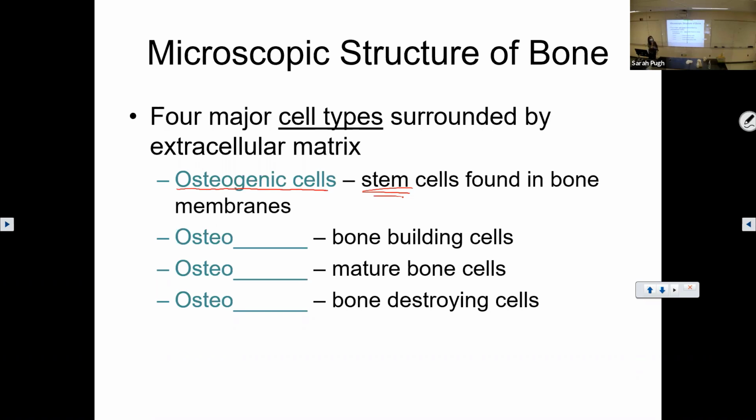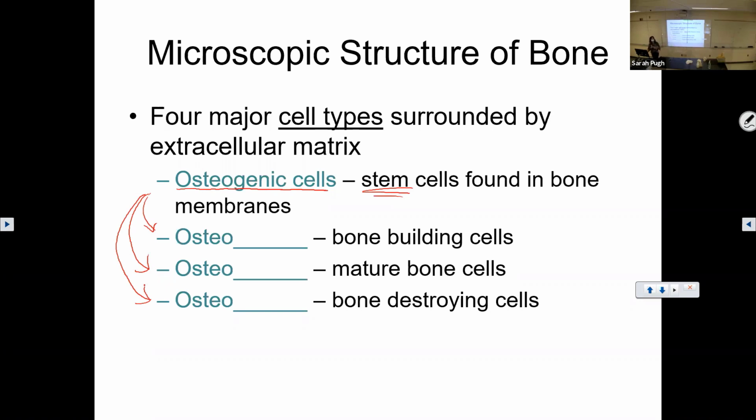So remember that term stem cell. These are cells that don't know what they're going to be when they grow up yet. An osteogenic stem cell can be any kind of bone cell, right? It has osteo in the name. So these can become any of the other 3 types of bone cells, okay? These cannot become neurons, they cannot become muscle cells, only types of bone cells.